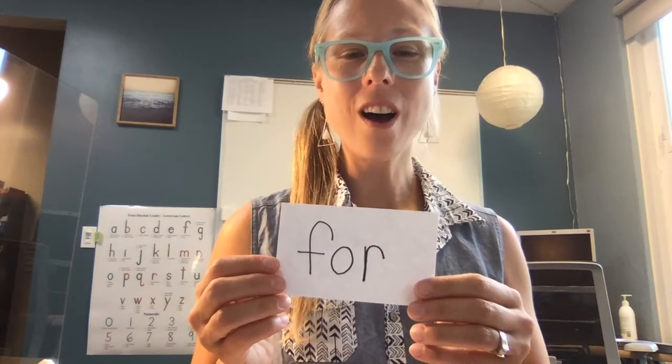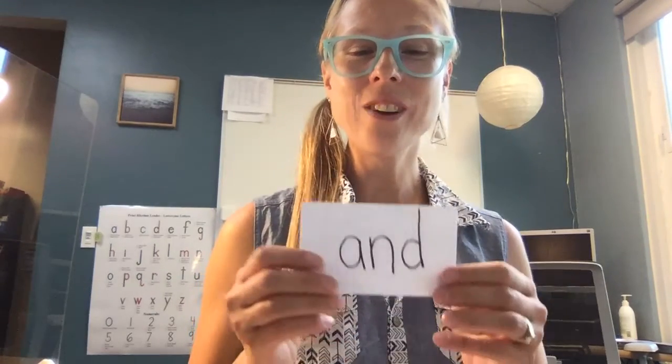Like, this is for you. I have a gift for you. How do you spell for? F-O-R, for. And then I'll add our word and to our practice cards.